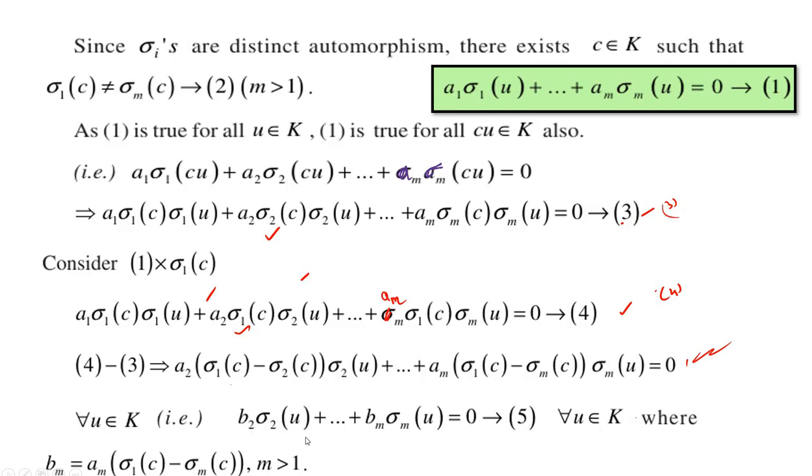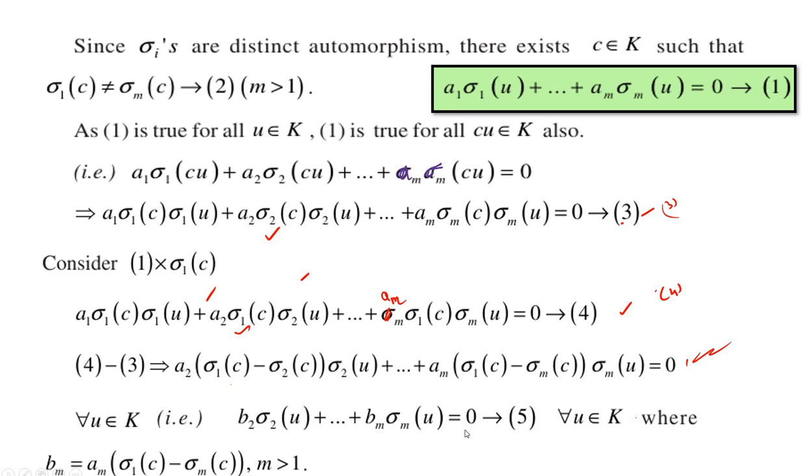And remember that this has fewer coefficients than the number of coefficients that we have in this. So that means we are getting a contradiction. We have said already that we are considering the fewest number of non-zero scalars, and we are getting a relation which has fewer non-zero scalars than what was mentioned earlier.